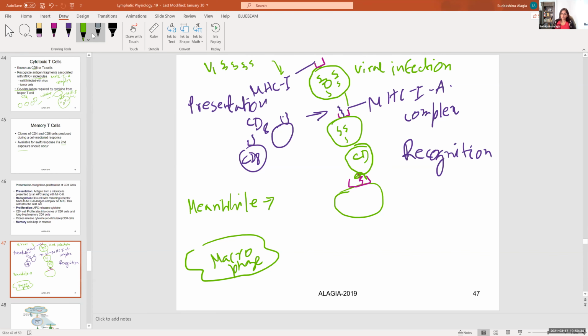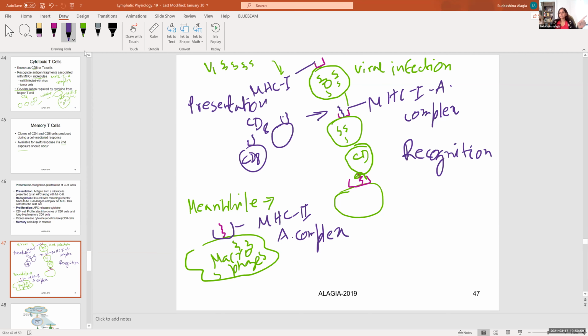And a macrophage has ingested the same virus. The macrophage will now start displaying MHC2 with the same antigen. So MHC2 antigen complex. So that is their presentation.